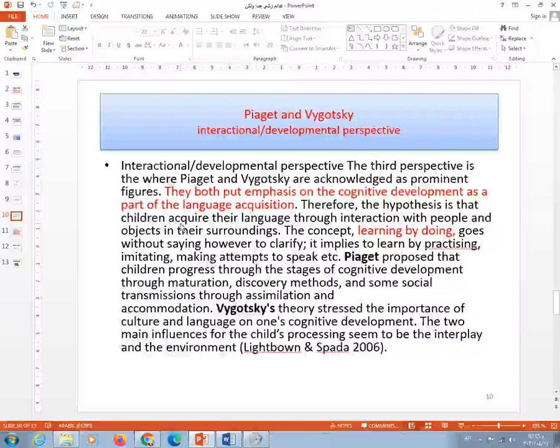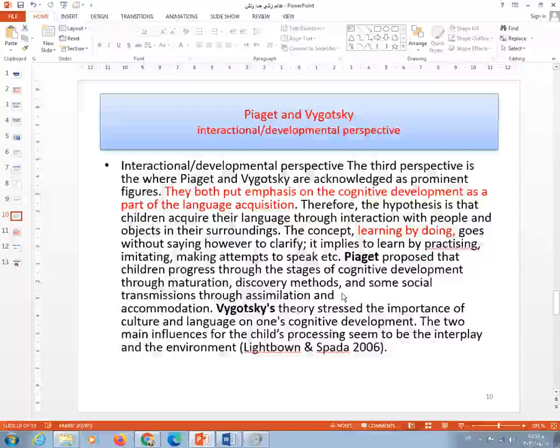For example, Piaget said that children's language progresses through stages of cognitive development, through maturation, discovery methods, and social transformations through assimilation and accommodation. Okay, so here we find that Piaget is striking a balance between nature, which is that we are born with a language faculty, and nurture, which has to do with the role of the environment.